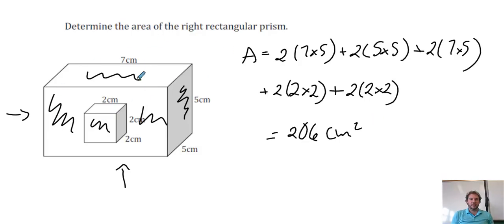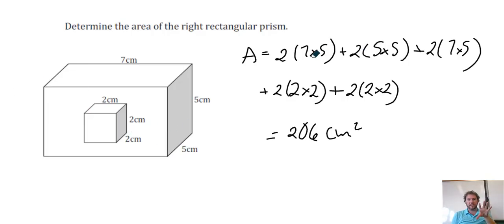So when I look at it from the front, all I see is a rectangle that is 7 by 5. And when I look at it from the back, all I see is that second rectangle that's 7 by 5. When I look at it from the side, I see a square that is 5 by 5, but I also see a second square that is 2 by 2. And when I look at it from the other side, I see the same thing.